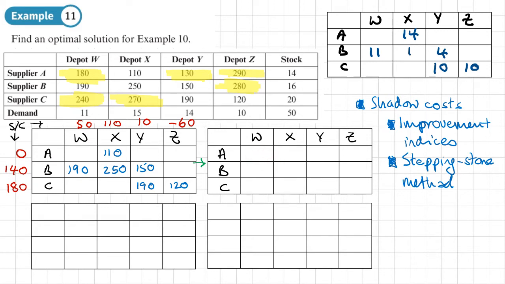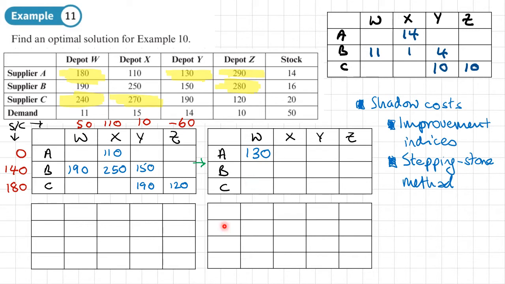All right, so let's work through that. So 180 minus the shadow costs. The only shadow cost for the 180 would be 50. So 180 minus 50 leaves me with 130. Then I move down to this cell here, which would be 240 minus 50 minus also 180.